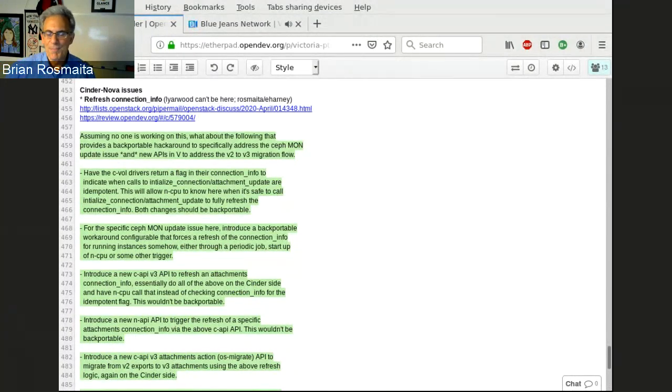So I think the background is basically that Nova would like to be using the V3 attachment flow instead of the V2, and I think currently they use both depending on the age of the information in the Nova database.